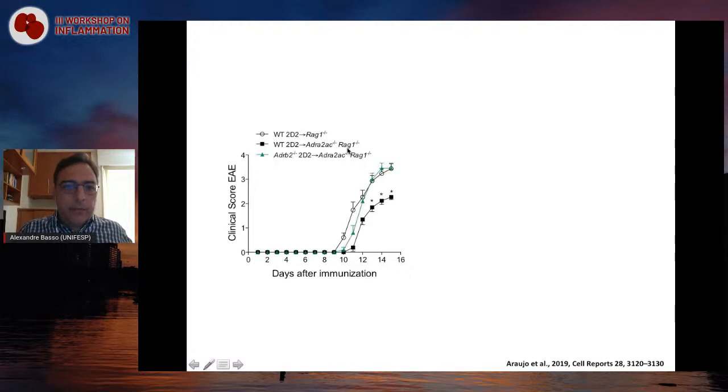Okay, but then if now we transferred 2D2 cells lacking the beta-2 to the very same animals, the animals with a hyperactive sympathetic nervous system, now they are able to induce similar disease as the wild type 2D2 cells can induce when they are transferred to animals with a normal sympathetic nervous system.